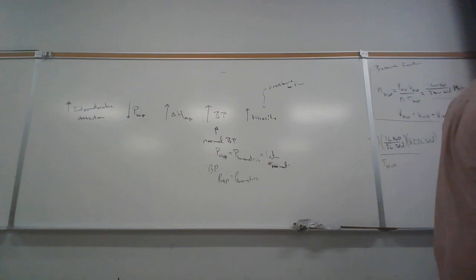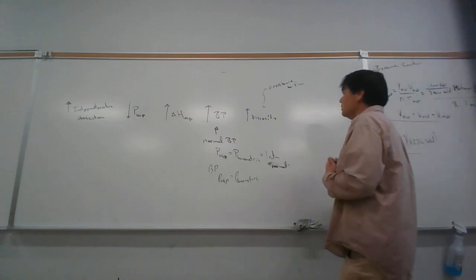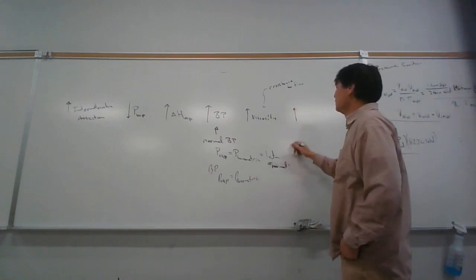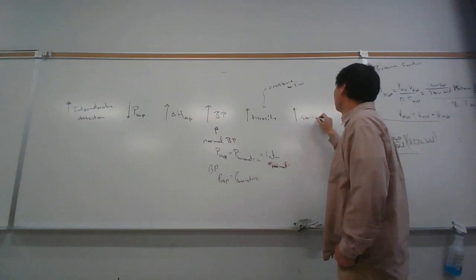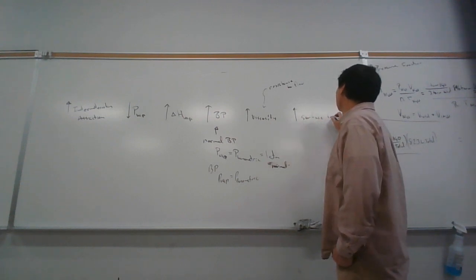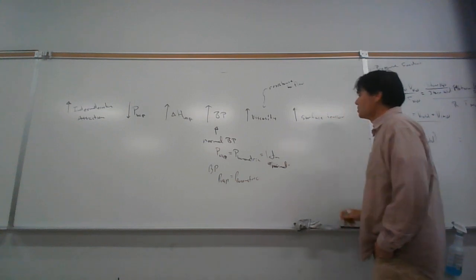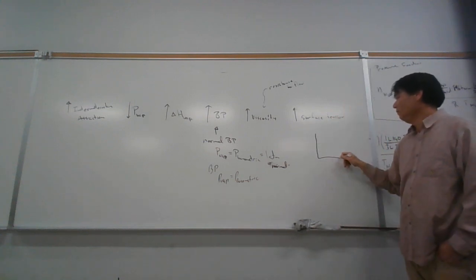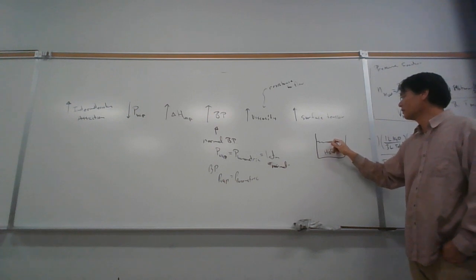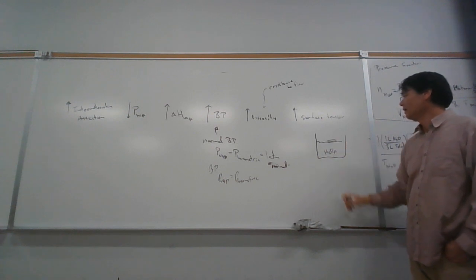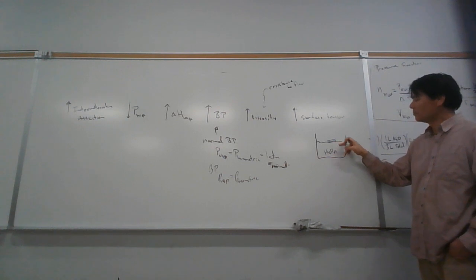Then we have surface tension. Surface tension is resistance to breaking the surface of a liquid. So viscosity, and then we have surface tension. One demo of surface tension is if you have water. Have you ever tried to float a paperclip on the surface of water? Yes. You can float paperclips on the surface of water.